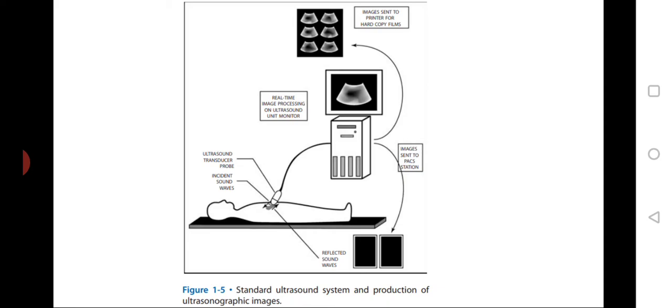What also is important about this technique is that the ultrasonography is very safe. We do not have any ionizing radiation here, so we do not have a risk associated with this ionizing radiation. Because I did not specify what is the biggest risk of ionizing radiation.